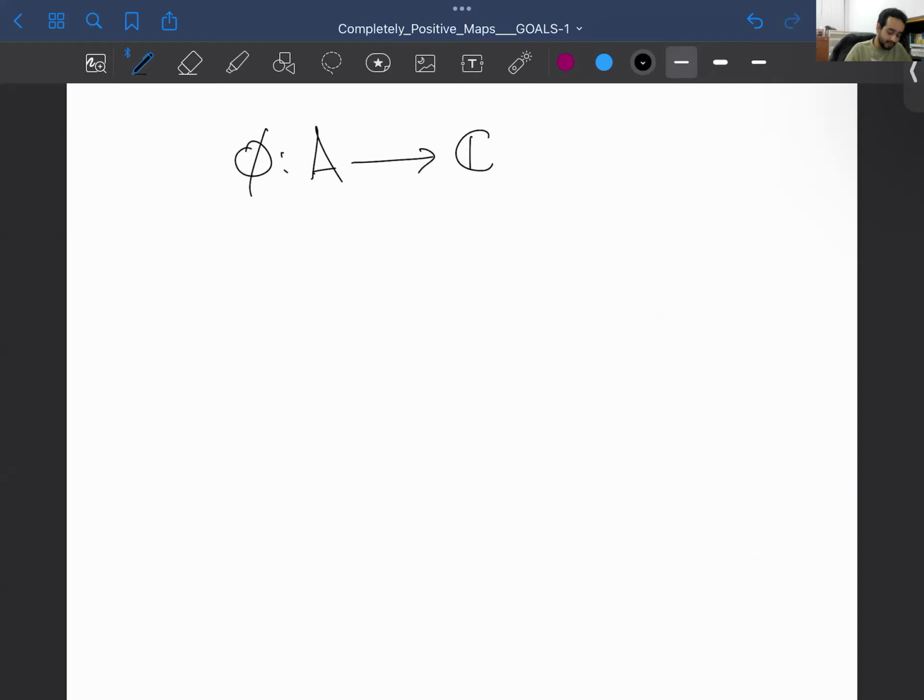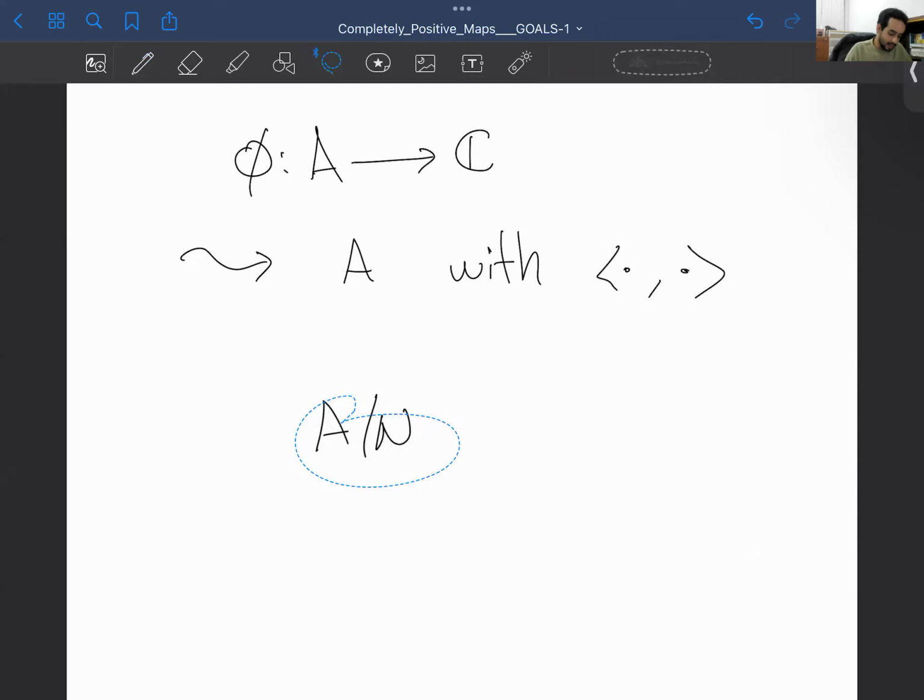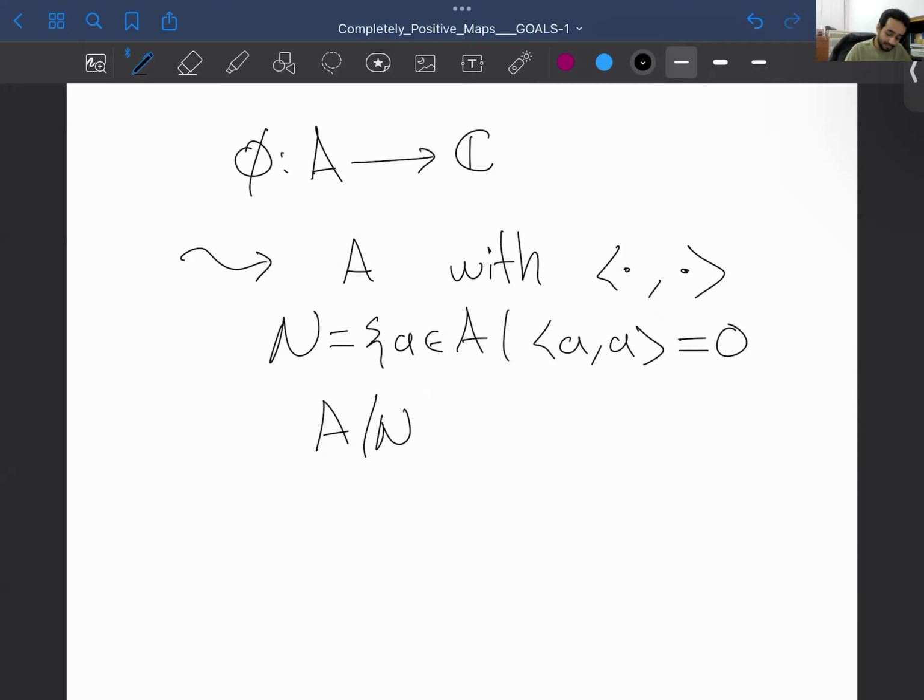But the first step when you have a positive linear functional is to consider A with some positive form, and then consider a quotient of A by some vector space, where this vector space are the elements in the C-star algebra A such that this element under the form is zero, and therefore this form is going to be an inner product on the quotient, and then you complete.